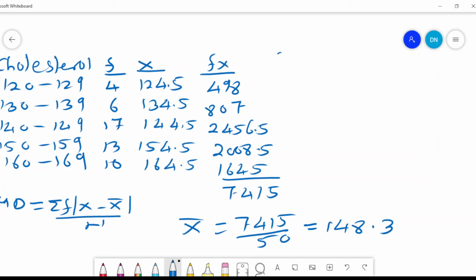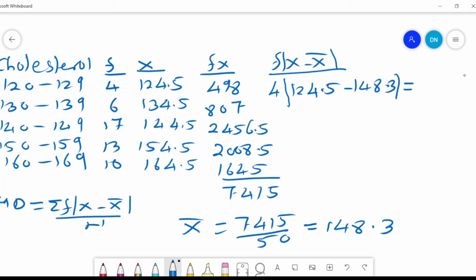That is important for us to be able to get the mean deviation, which is f times the absolute value of x minus x bar. And how do we do that? We take the x value 124.5, we minus 148.3, we make it absolute, meaning if it's positive or negative, we make it positive, and then we multiply by f. So basically, we are multiplying 4 times the absolute value of 124.5 minus 148.3, and that will give us 95.2.